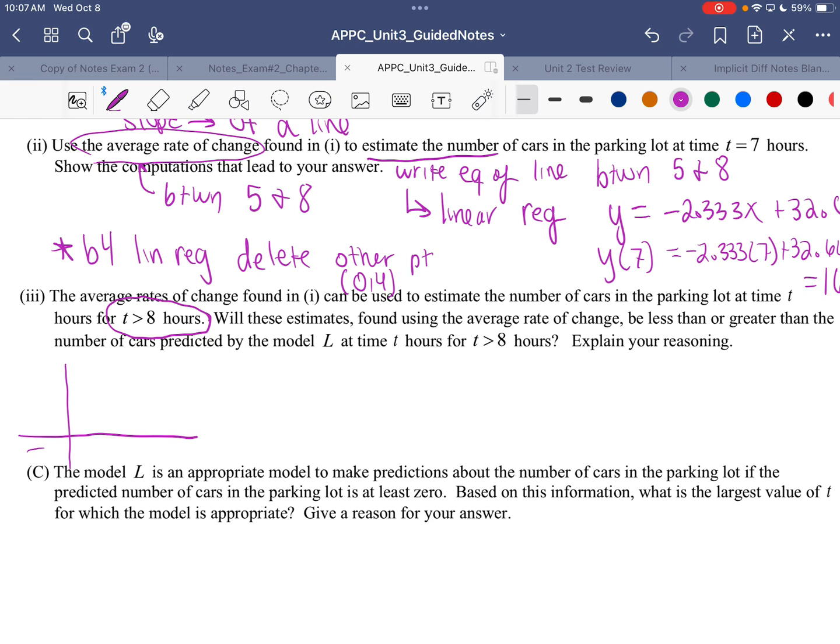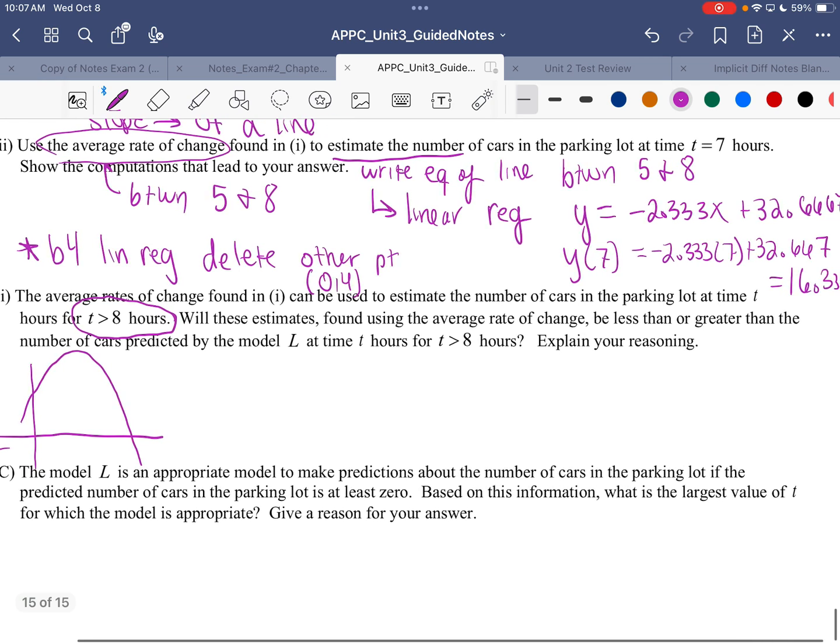Was it opening up or down? Down. It was concave down. You had this quadratic, and then we just found this line of negative 2.33 whatever x. This point is at 8, this point's at 5. So everything more than 8.